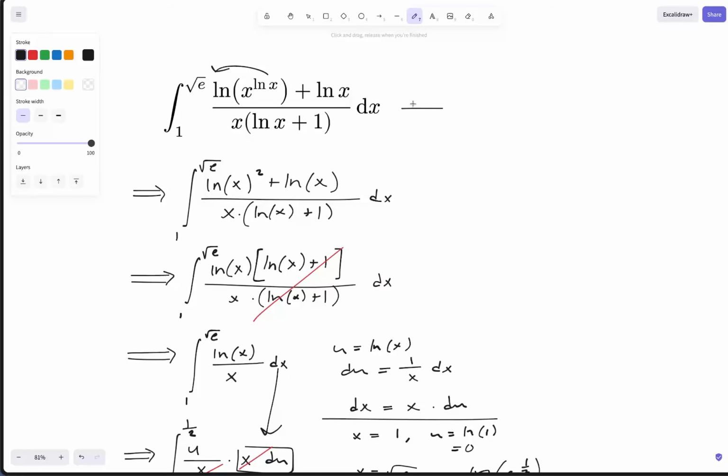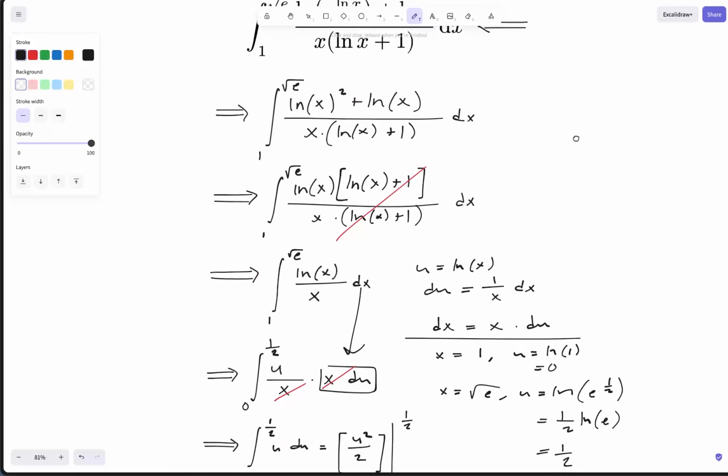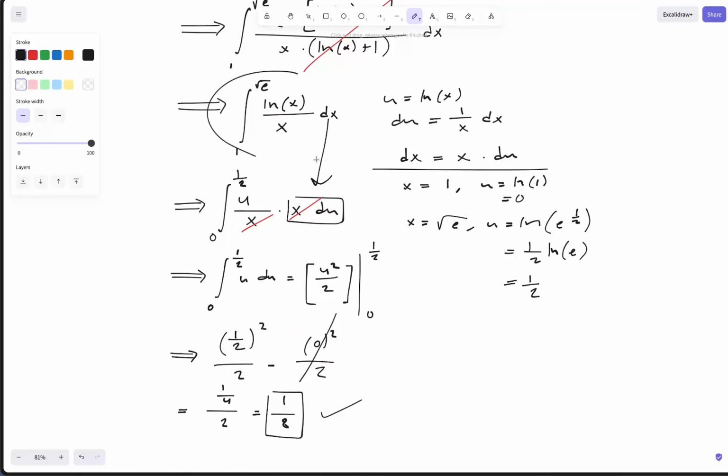Even in this step, you can actually choose your u. You can already do a u-substitution in this step by taking, say, the natural log of x plus 1, or you choose natural log of x, or what have you, and you'll get the same result. But it's much clearer to see once you simplify the integrand and then get to this step here.